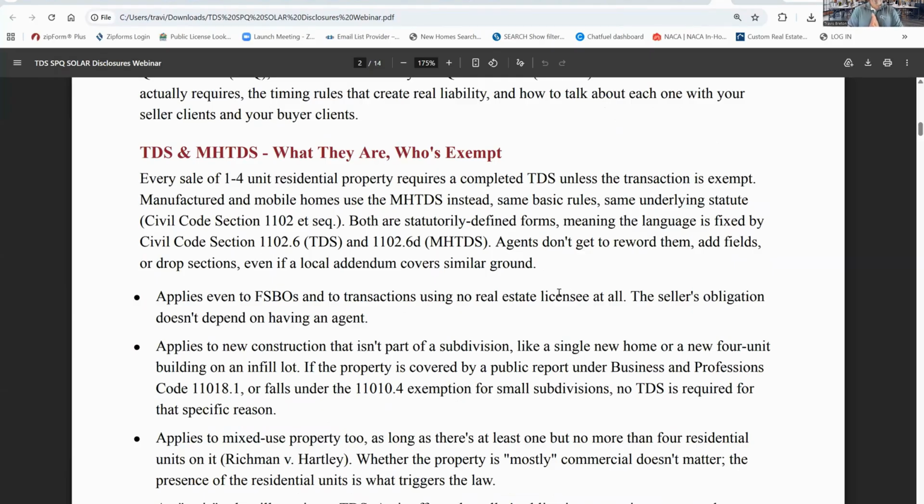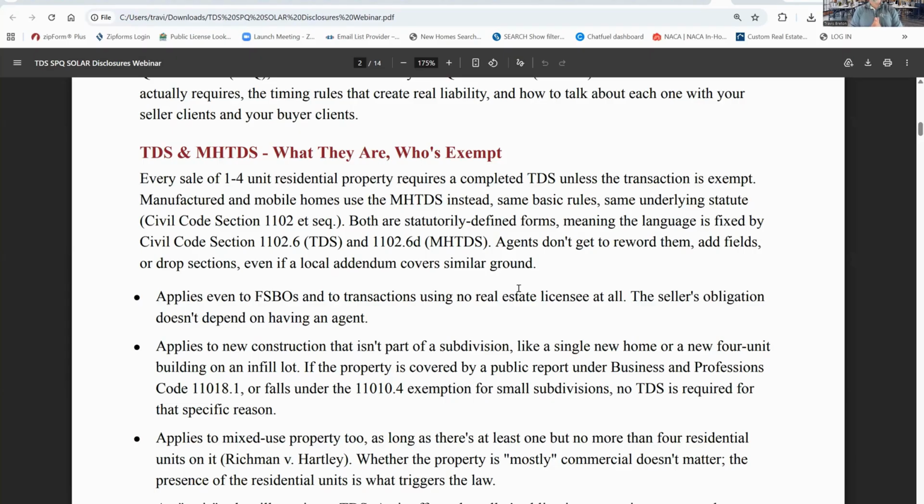So every sale of a 1 to 4 unit residential property requires a completed TDS unless the transaction is exempt. And there's not a lot of exempt transactions out there. One reason why I like to do this webinar is sometimes when you're on the buyer side, you have a listing agent who maybe doesn't understand the rules and they think that the property might be exempt, and it's really not.